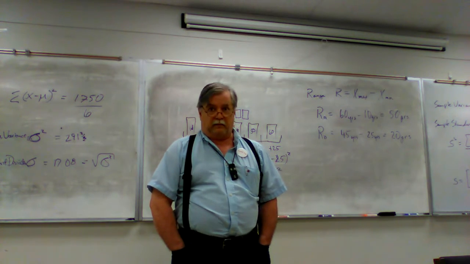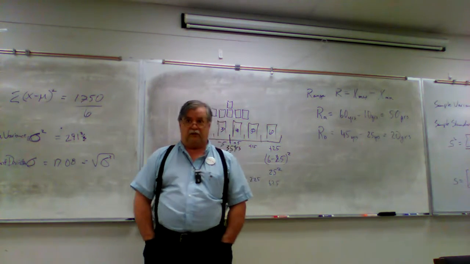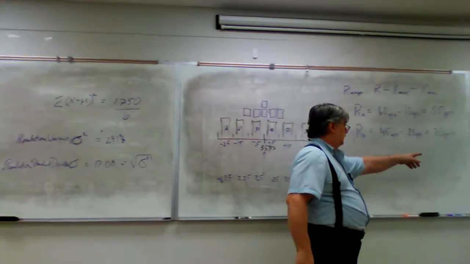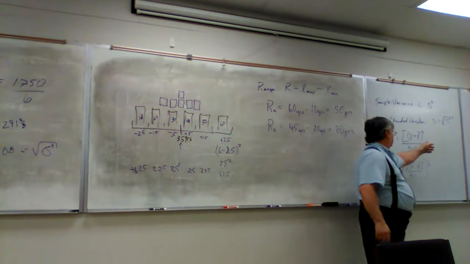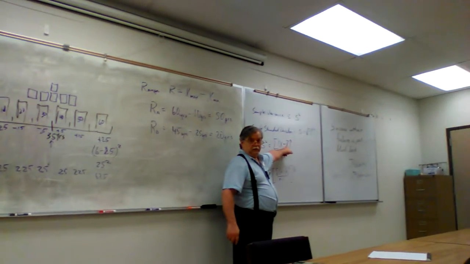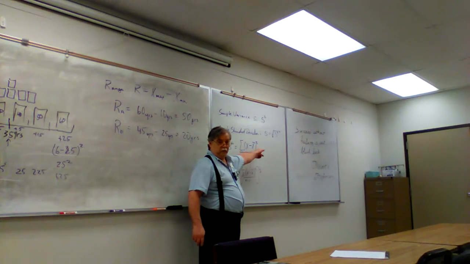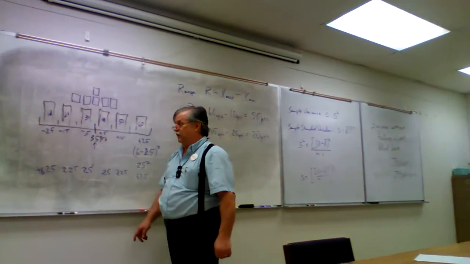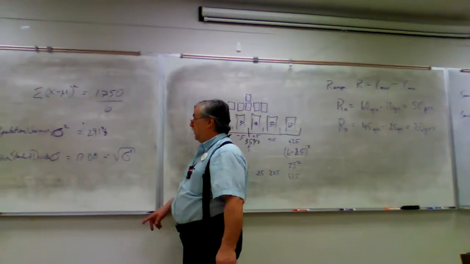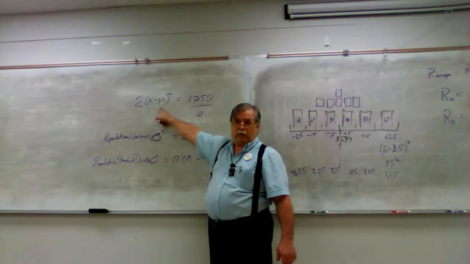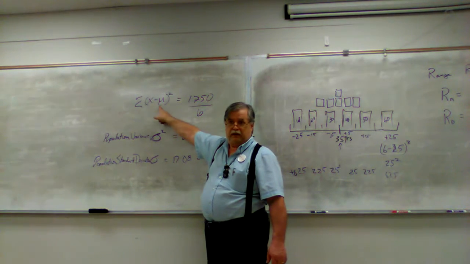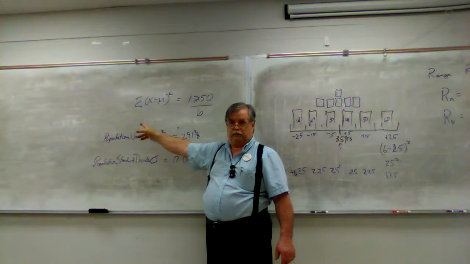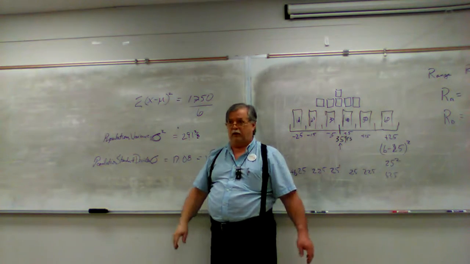Sampling error is simply a statement of the fact that the statistic x-bar, or the sample mean, is never going to exactly equal the parameter, the mean of the entire population. It's just never going to happen.